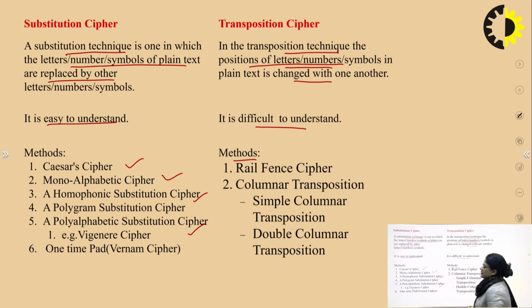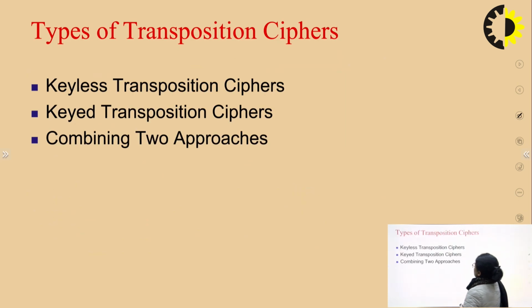Examples of transposition cipher include the rail fence cipher and the columnar transposition cipher, which again has two types: the simple and the double columnar transposition cipher, and so on. We'll learn about these later in the coming slides. So let us start with the types of transposition cipher.